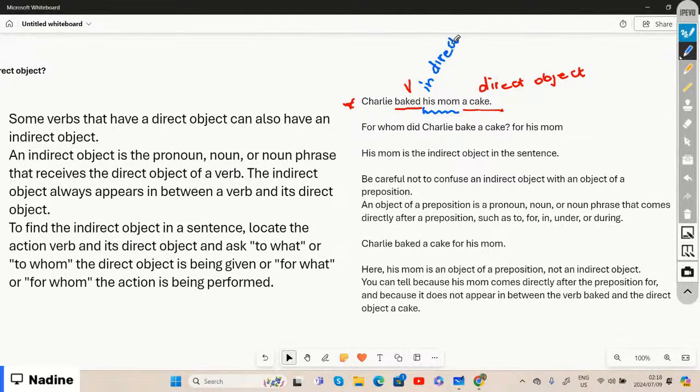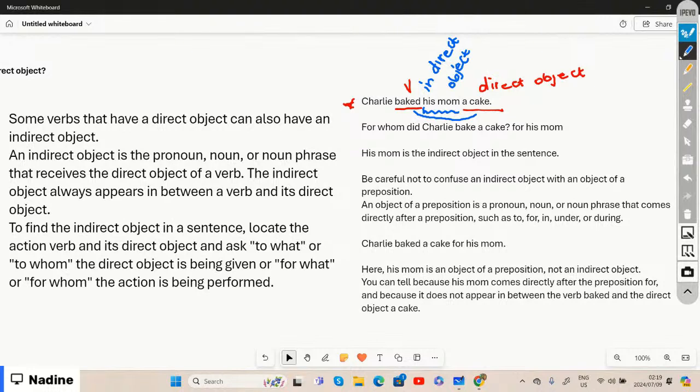As you can see, it is in between our action verb and our direct object. Remember, an indirect object is either a pronoun or a noun that receives the direct object. It will always appear in between a verb and a direct object.